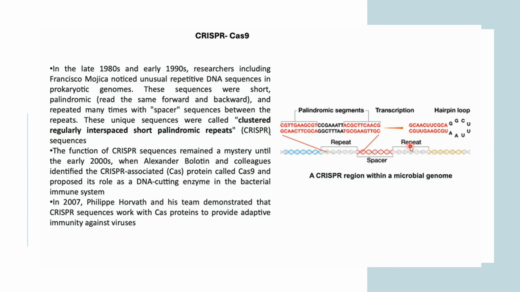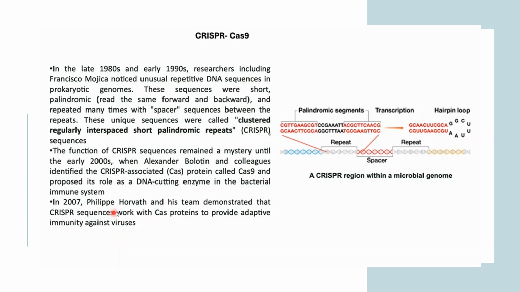There is a protein associated with these sequences known as Cas9. Earlier it was proposed that Cas9 has a role in DNA cutting. It is a DNA cutting enzyme in the bacterial immune system, present in the microbial genome.